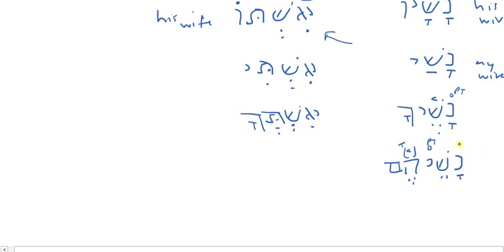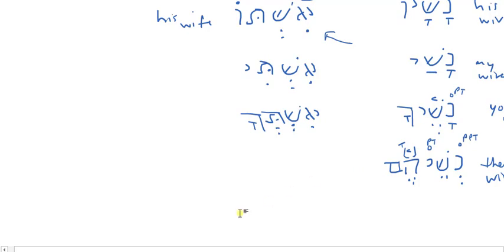But now I've got an open and propretonic syllable at the front. Na is going to have to reduce to what? That's right, to vocal sheva. And so I get neshehem. So their plural wives. So that was your wives, and now their, and the their is masculine plural. Their wives. All right, so that's the form wife.